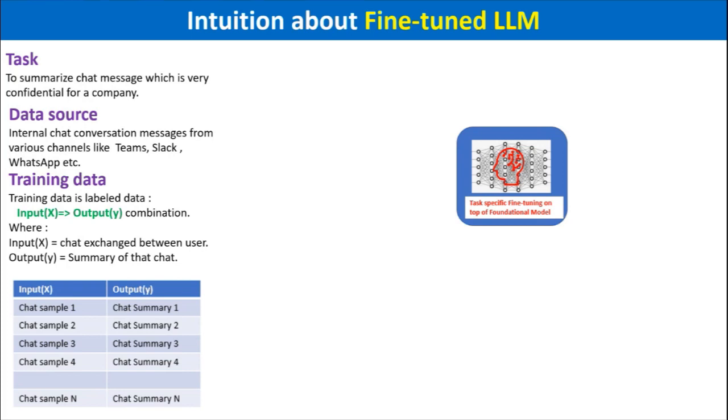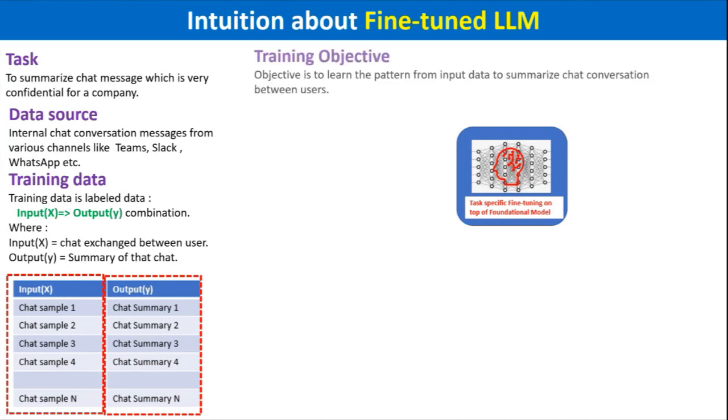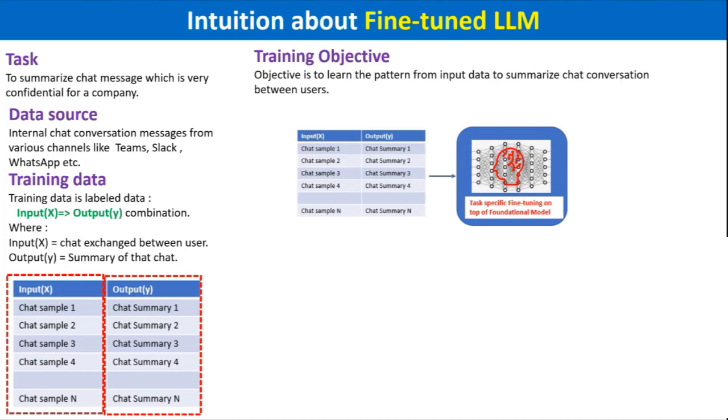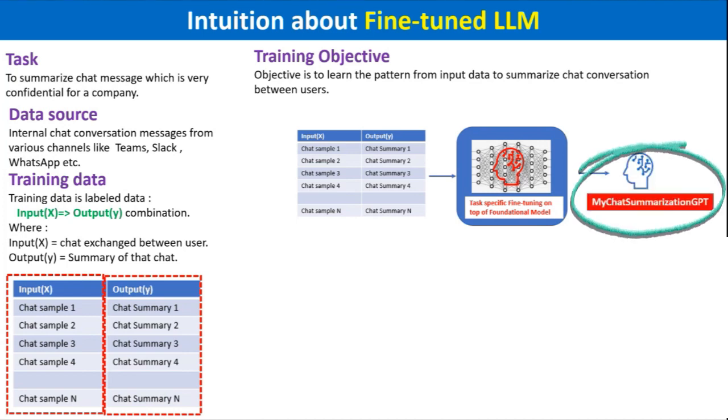So we saw how the training data for this task would look like. Fine-tuning involves training the LLM on a specific task. So now your training objective is to learn the pattern from these training samples and build on top of your existing knowledge of foundational model. The training will produce a fine-tuned model. Let's call it my chat summarization GPT.